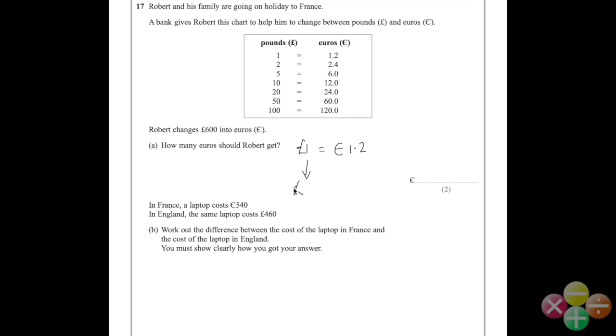Now Robert changes £600, so he multiplies the pound by 600. And because he does it to the pound side, he has to do it to the euro side. So 1.2 euros times 600 gives me 720 euros.